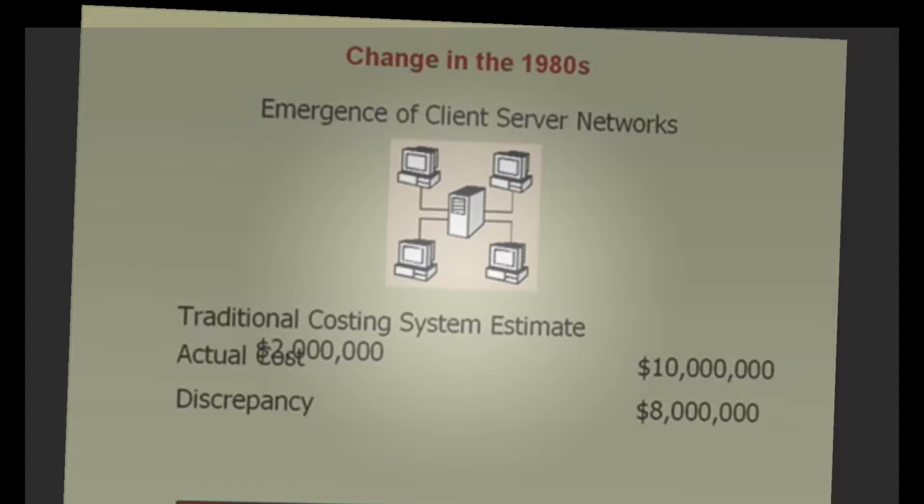If you were the manager and this happened to you, what would you think? You certainly wouldn't be happy. You can't blame the accountant because the accountant, in turn, would blame it on the costing system, saying, hey, there's an inherent deficiency in our system. The question is, what went wrong?